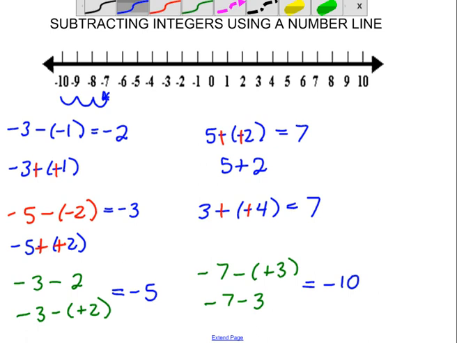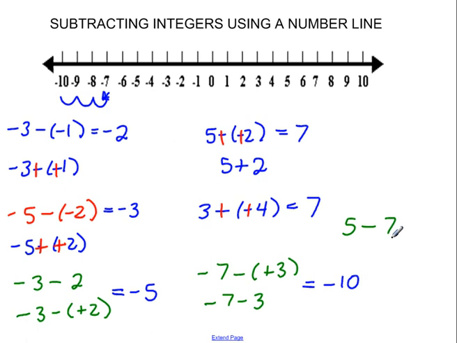So we'll do one more like that, maybe something that started being positive. So we'll start with 5 minus positive 7. And so again, I can write it that way, or I can write it that way.